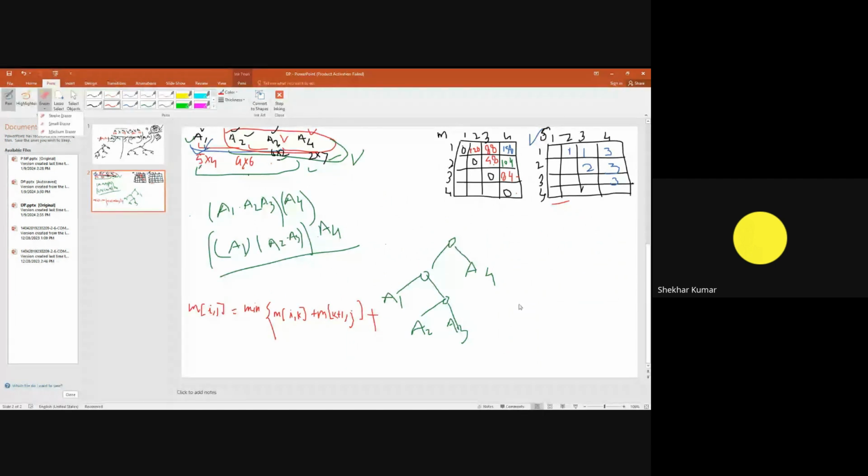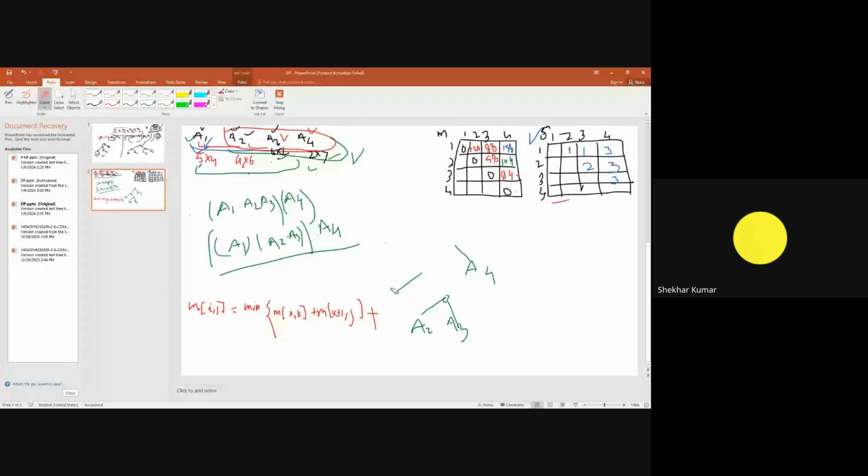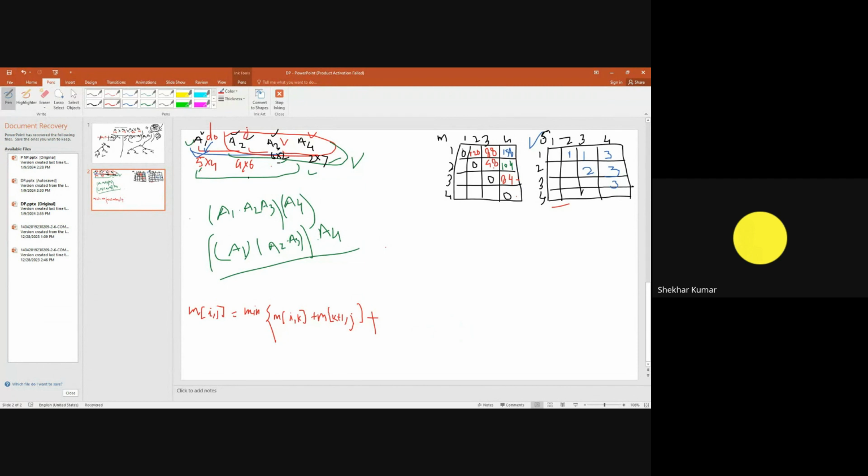What is the cost? Suppose here the cost is D0, here the cost is D1, the cost is D2, and the cost is D3.